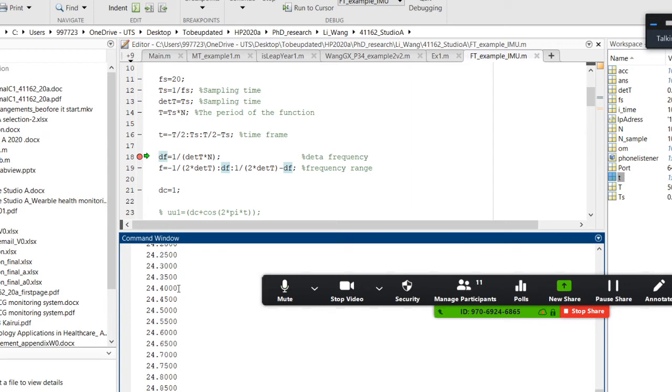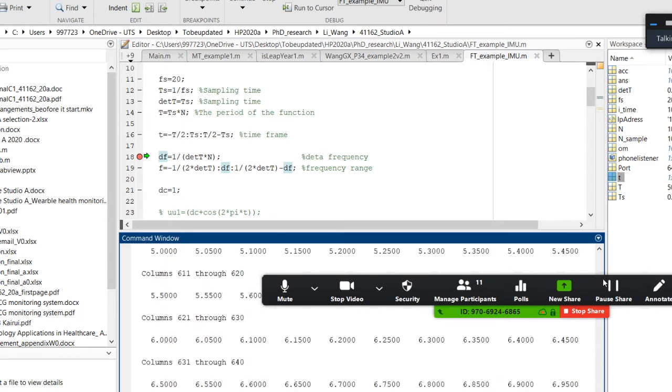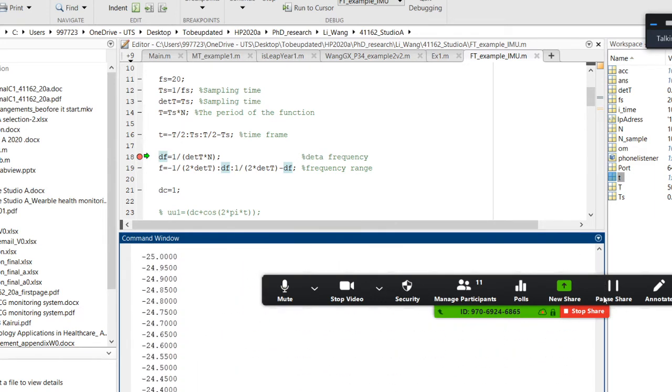This is how I generate the time. It totally has 25 seconds, because your measurements are 1,000 samples, so that's the total measurement time.